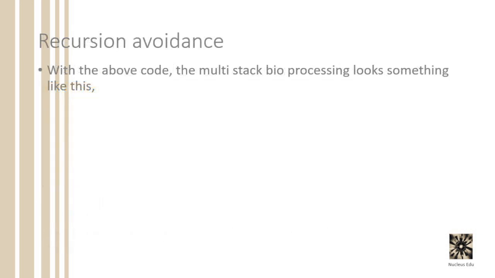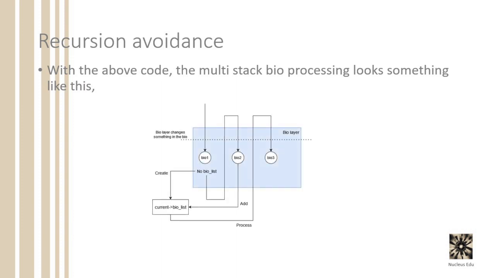So with the above code, the bio flow that we saw previously is going to change to this. Let's see what's happening here. First, the bio is coming in as bio 1. In this function call, it sees there's no bio list in current, so it creates a local bio list and assigns it to current bio list.